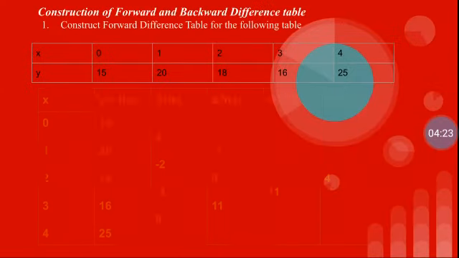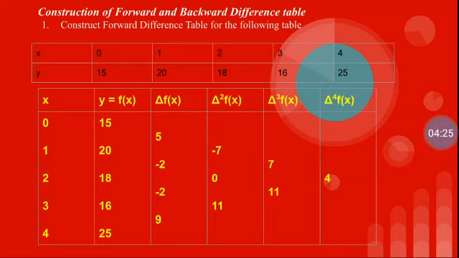Constructing forward and backward difference tables. Construct the forward difference table for the following table. The values of x are 0, 1, 2, 3, 4 and the y values are 15, 20, 18, 16 and 25. We will take the values of x as x0, x1, x2, x3, x4, and similarly we have y0, y1, y2, y3 and y4.